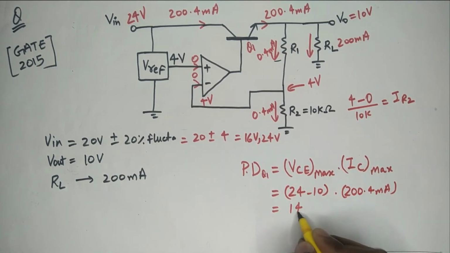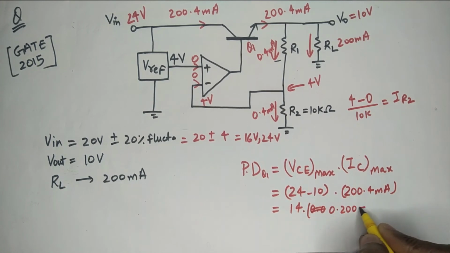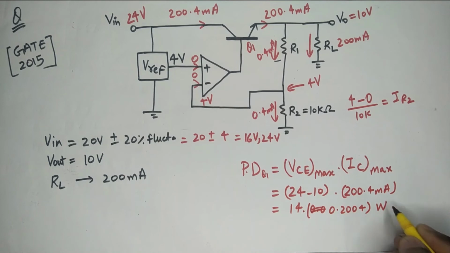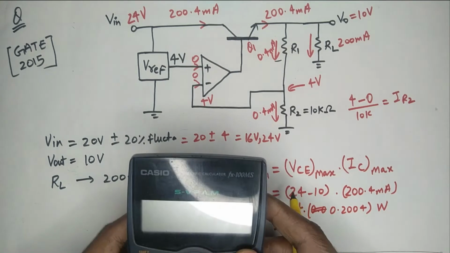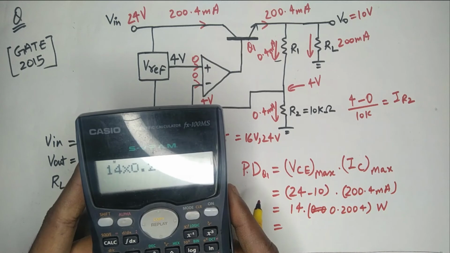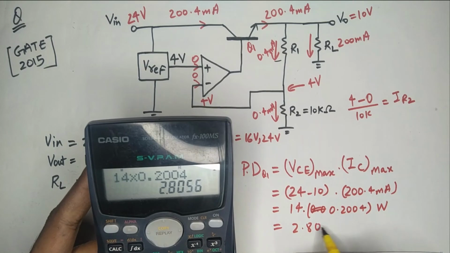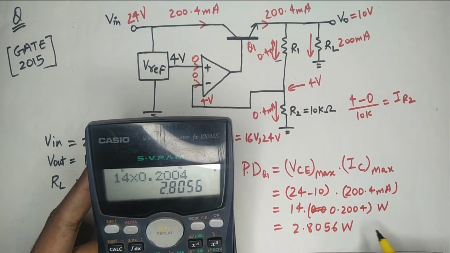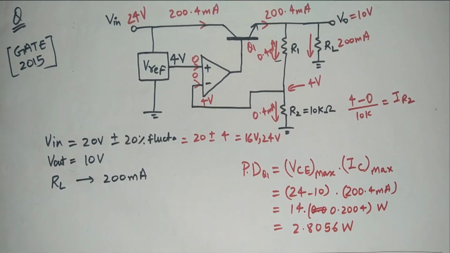We will get 14 into 0.2004, and when we multiply this, we will get 2.8056 watts of power, which our transistor Q1 is consuming, and we have easily solved this question.